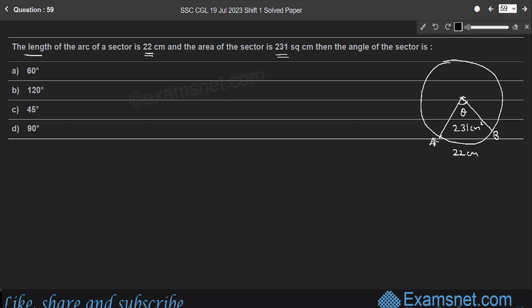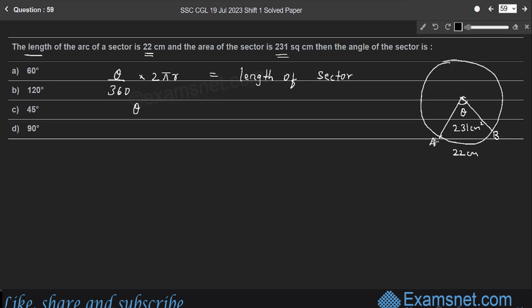So using the length formula and area formula of the sector, we can easily find the angle of the sector. Here, the formula says length of the arc is theta by 360 into 2 pi r. Here it is given as 22 centimeter.